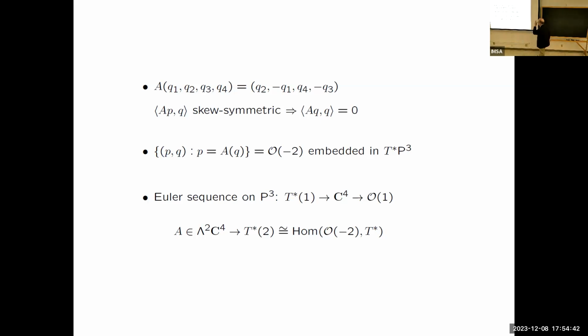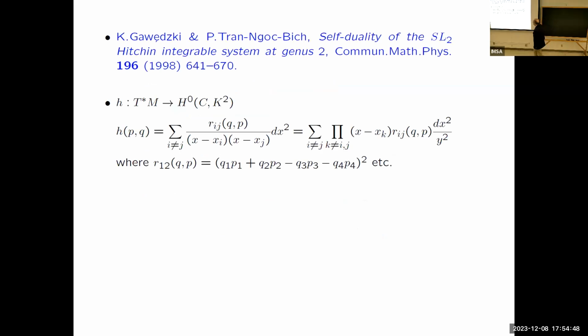So how do we work that one out? Maybe there's a better way, but at least we have this. There's a beautiful formula by these physicists, Mumford and his student, some time ago about the genus 2 integrable system. So they have a formula for it.